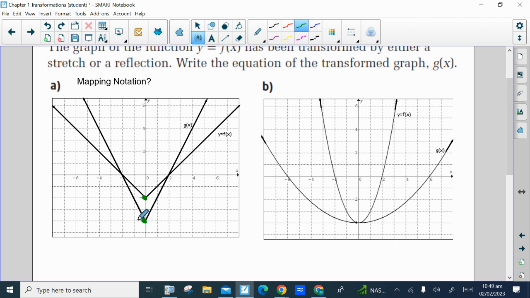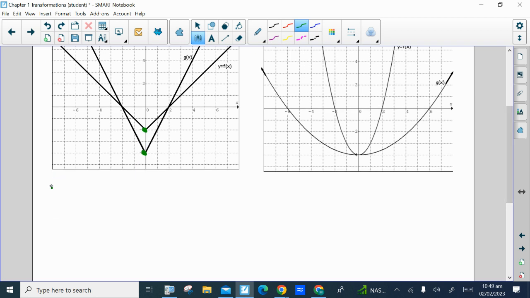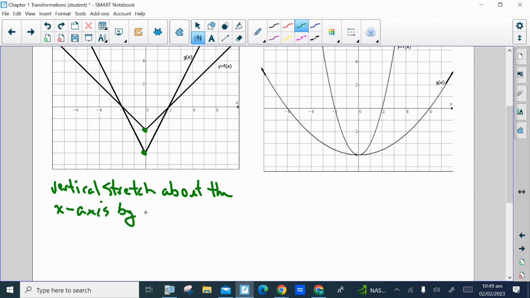That means it's been vertically stretched by a factor of 2. A vertical stretch about the x-axis by a factor of 2.